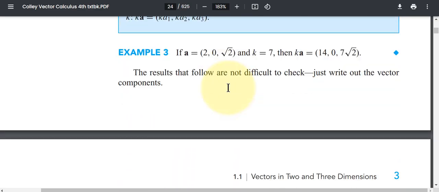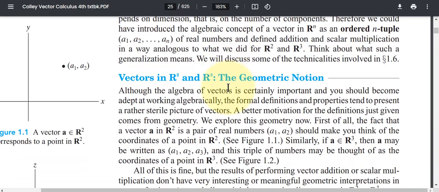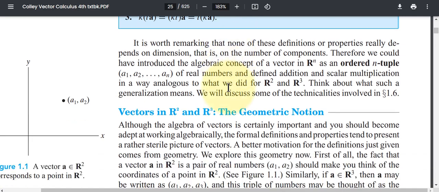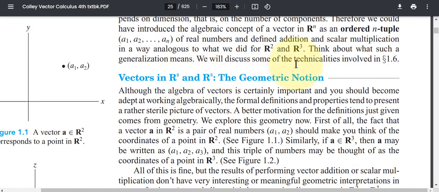So it's probably not surprising that here, for vectors in R2 and R3, the geometric notion is this: the fact that a is in R2, a pair of numbers, should make you think of the coordinates of a point in R2. And if a is in R3, then you should think of the coordinates of a point in R3.